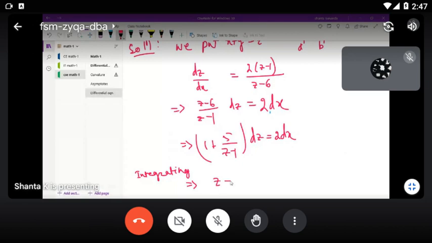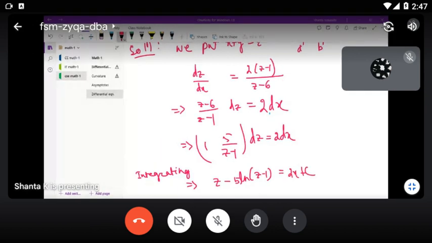It will be z, and 1 minus, z minus 1, and here we have 2x plus the constant c.